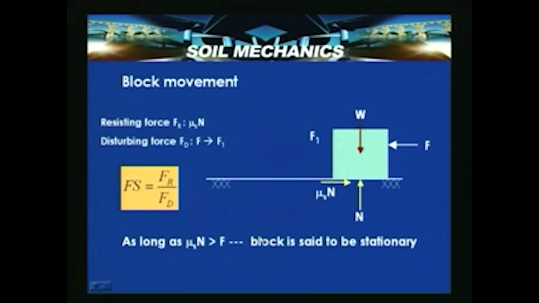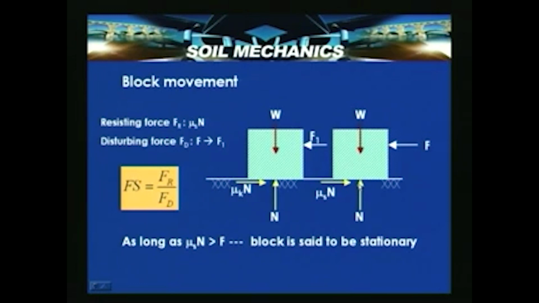Now, this resembles something analogous to the block movement we studied in engineering mechanics. Here, as long as this force is less than mu Sn, the block will be stable. So, consider a block of weight W, and its normal reaction is N. Once this block is subjected to a force F1 greater than F, it will be subjected to movement and will continue to move.